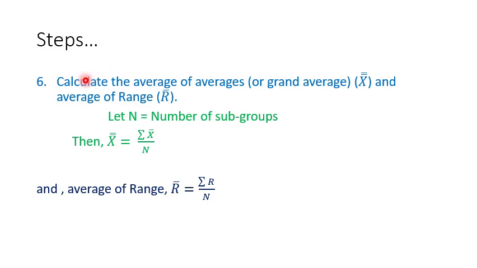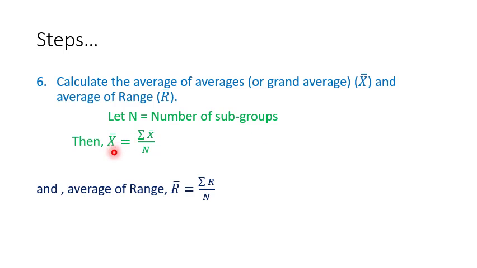The sixth step is to calculate the average of averages or the grand average, that is X double bar or X bar bar, and then calculate the average of range, that is R bar. Let capital N be equal to the number of subgroups.